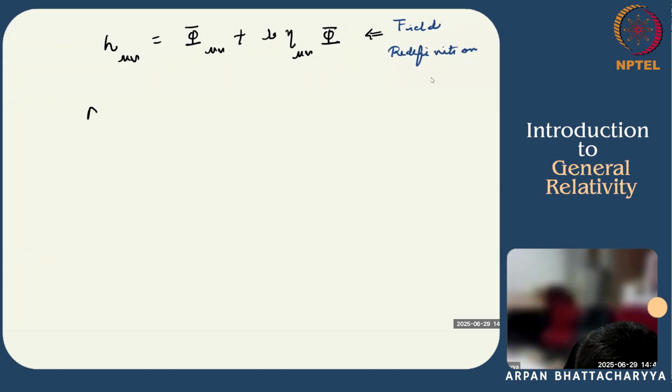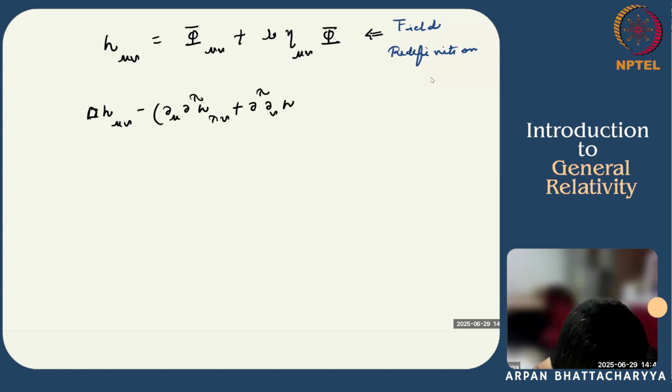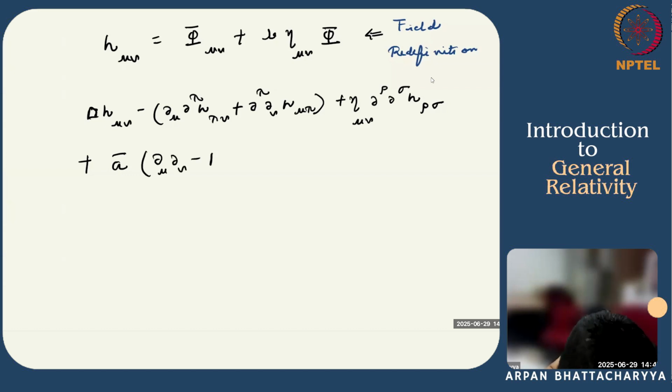We have box h mu nu minus del mu del lambda h lambda nu plus del nu del lambda h mu lambda, minus eta mu nu del rho del sigma h rho sigma, plus now we have a new constant which we write a bar instead of a, times del mu del nu h minus eta mu nu box acting on the h.